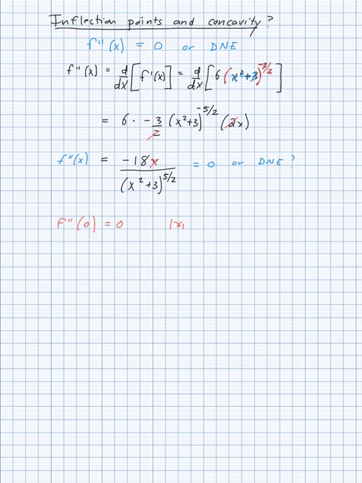So the point 0, 0 is a possible point of inflection. And to determine if it is actually a point of inflection, I have to check the concavity.